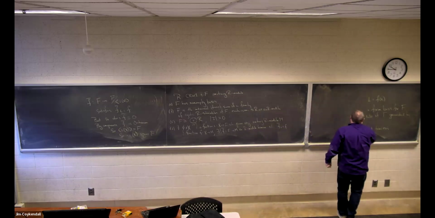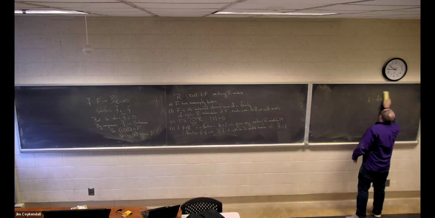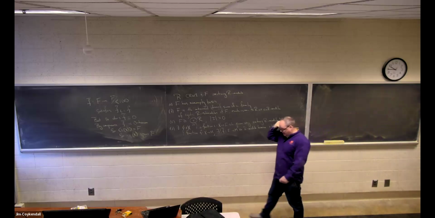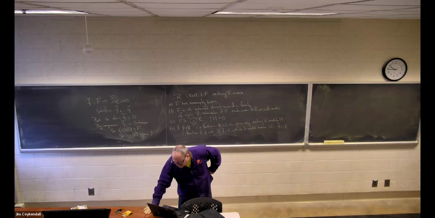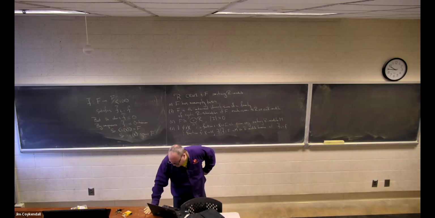Now, so we're on our way to showing that F has a non-empty basis. We just showed that this image here spans F. And we want to show now that this is a linearly independent set.